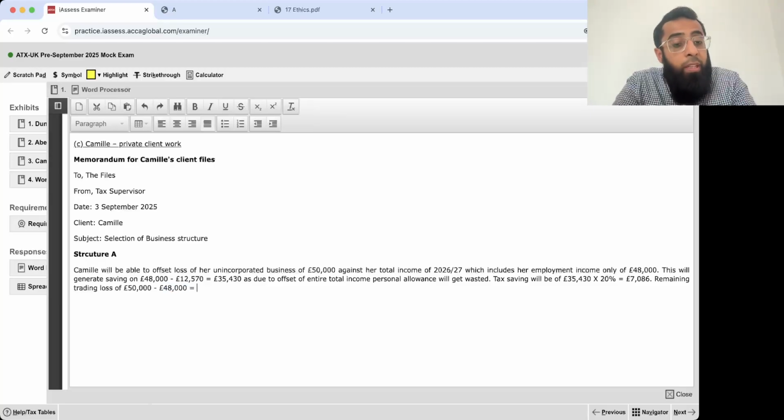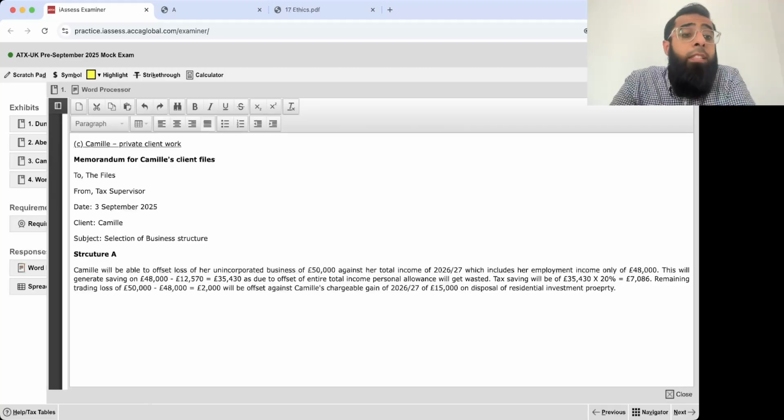So the remaining trading loss of 2,000 pounds will be offset against Camille's chargeable gain of 2026-27 of 15,000 pounds on disposal of residential investment property.